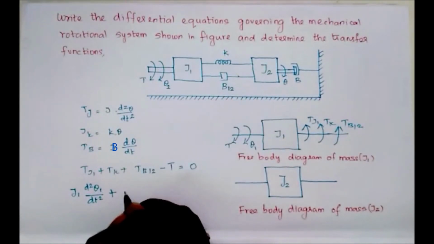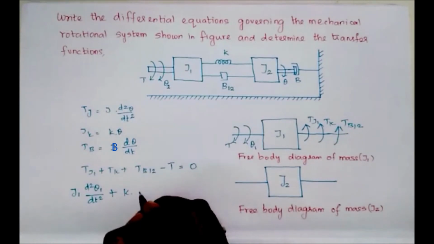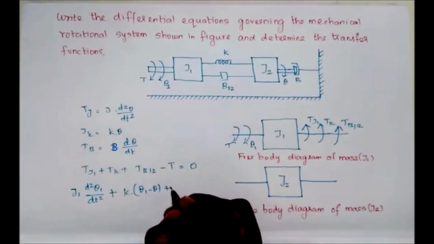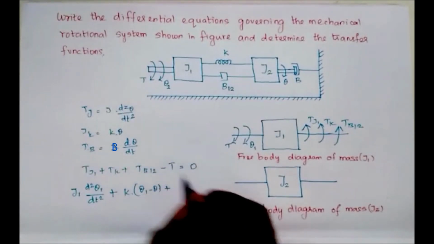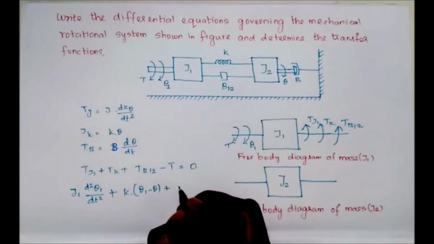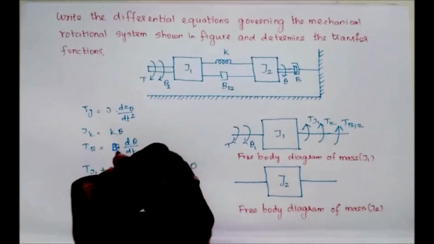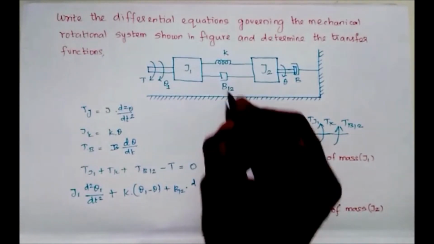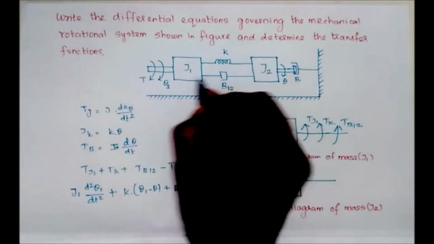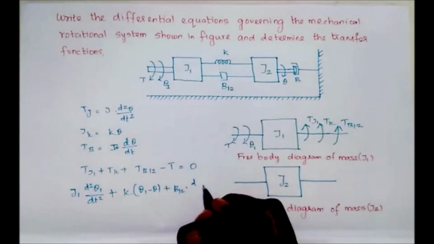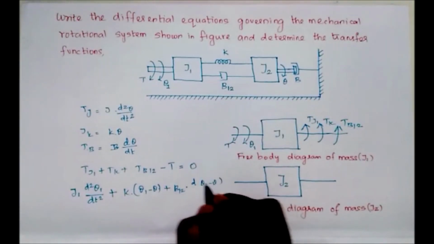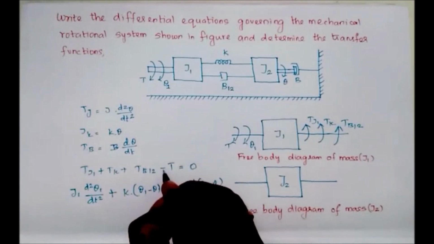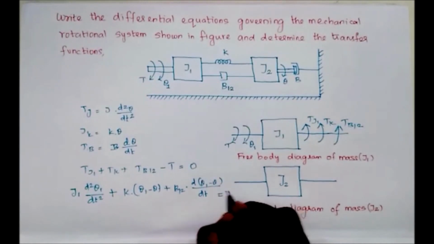So k into theta 1 minus theta, plus for this Tb12, here b12 into d, and b12 also has two end rotations, therefore theta 1 minus theta divided by dt. Now we can bring this to the right hand side, equal to T.